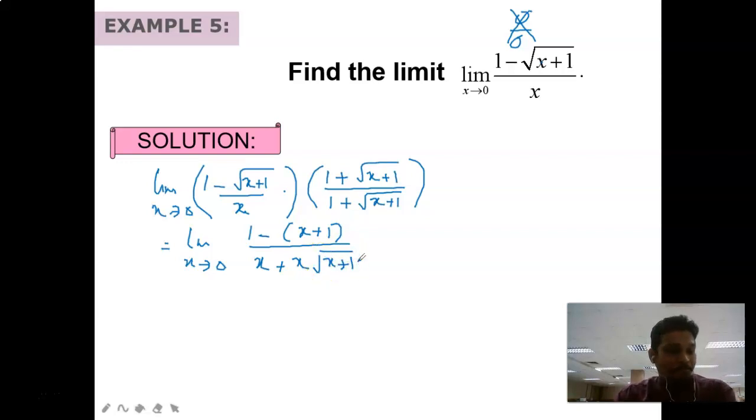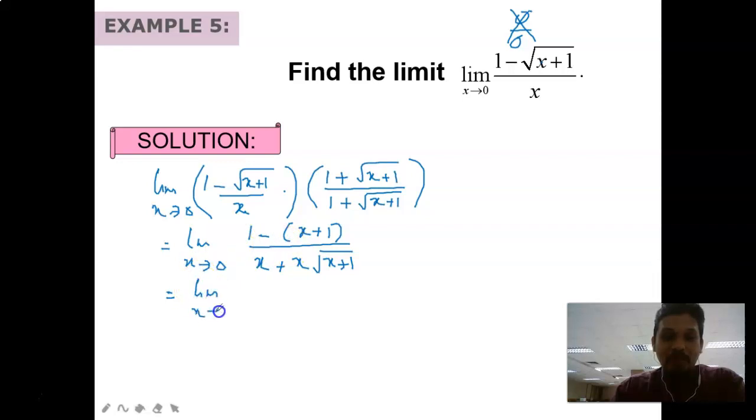Then now we substitute x equal to 0. Or before that, I'm sorry, we are not going to substitute right now, but we're going to simplify first.